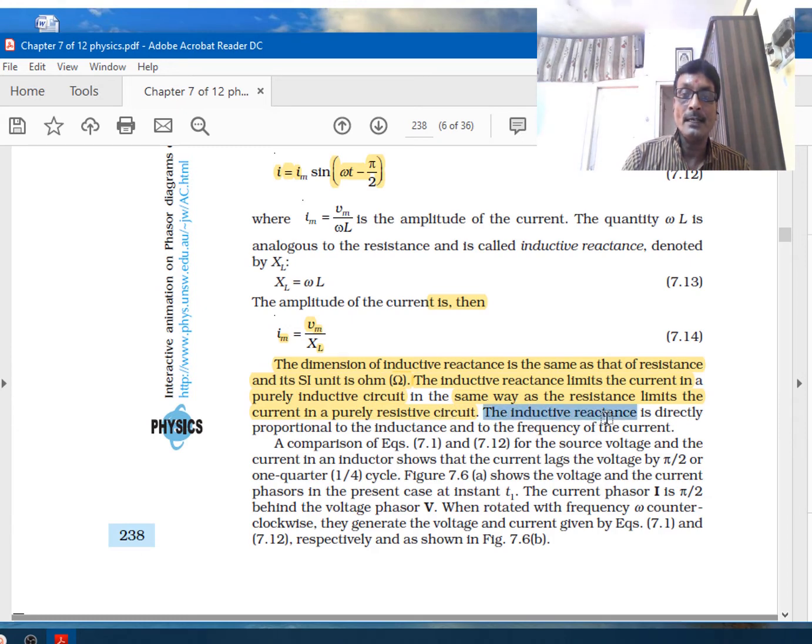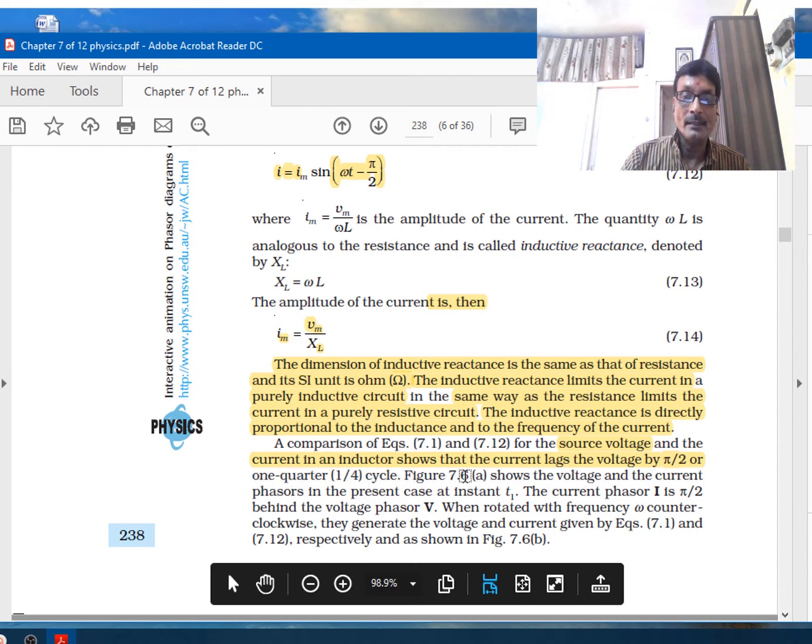The inductive reactance is directly proportional to the inductance and the frequency of the current. In comparison, the source voltage and the current in the inductor show that the current lags the voltage by pi by 2. Current lags by pi by 2 with respect to voltage.